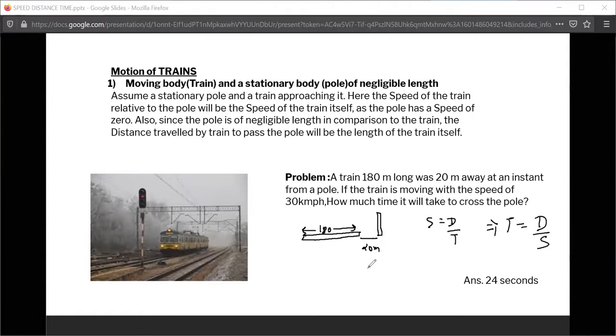And the distance in this case will be 180 plus 20 divided by speed, which is 30 kmph. Okay, this is 30 kmph, and 180 and 20 are in meters, so you have to convert them into kilometers. So divided by 1000.